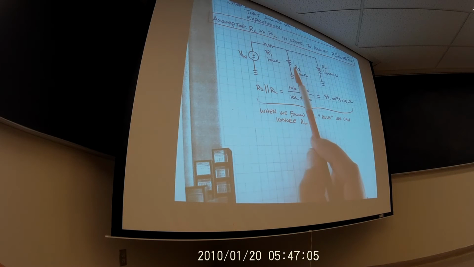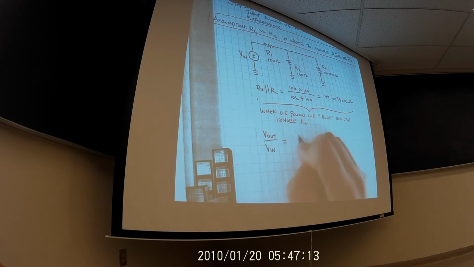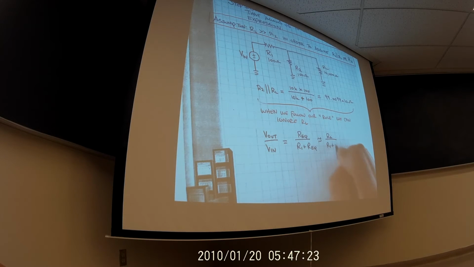And then, in that case, Vout over Vin is equal to R equivalent over R1 plus R equivalent, which is approximately R2 over R1 plus R2. And anyway, so we end up back together.